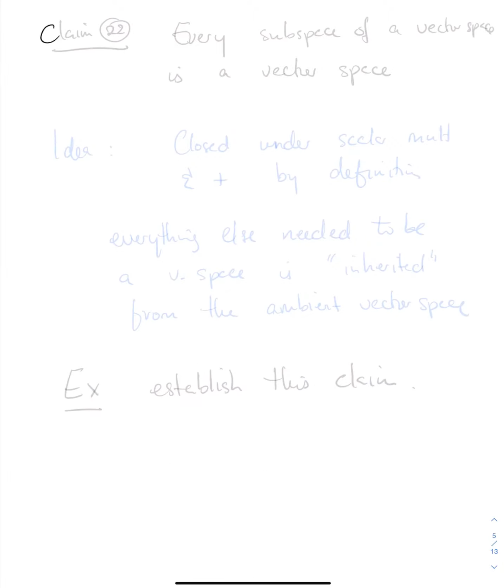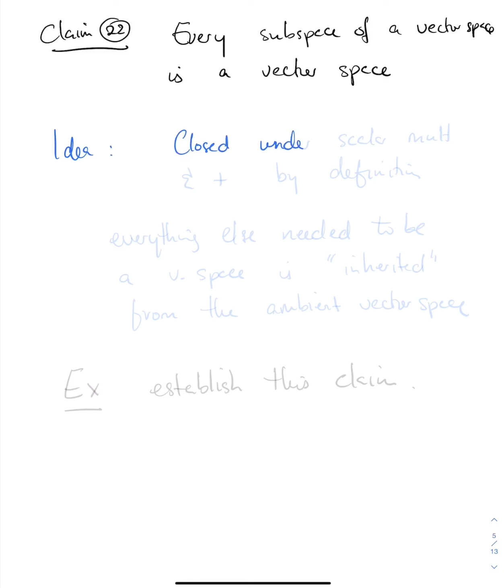Claim 22. Every subspace of a vector space is itself a vector space. Here's the idea. It's closed under scalar multiplication and addition by definition.